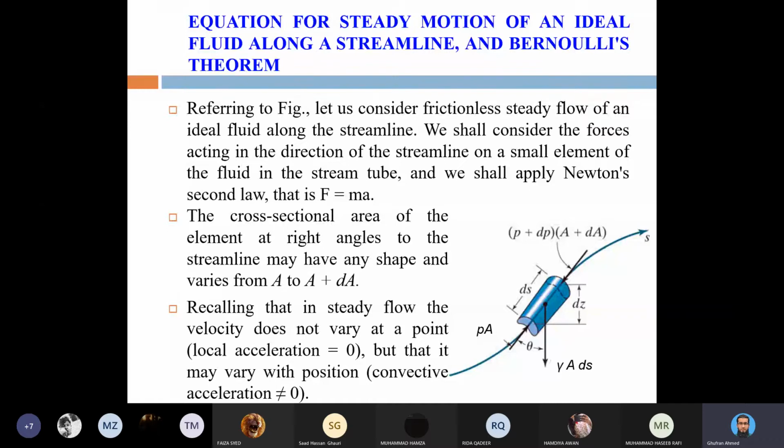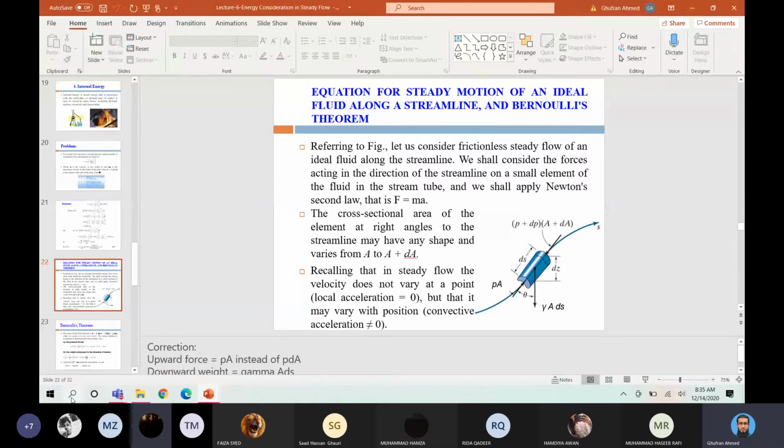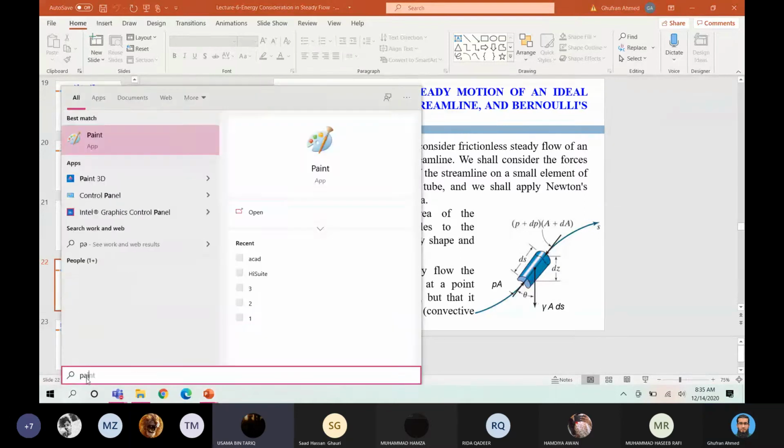What is Bernoulli's theorem? Sir, pressure plus kinetic energy plus potential energy is equal to constant. Okay, very good.